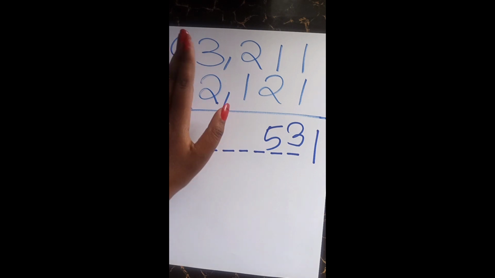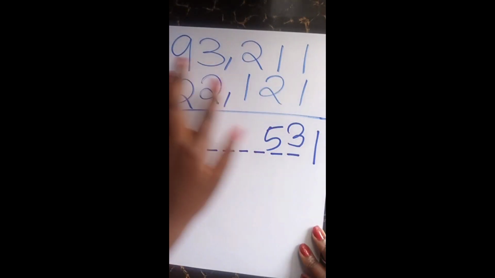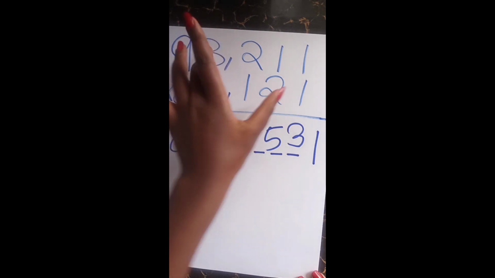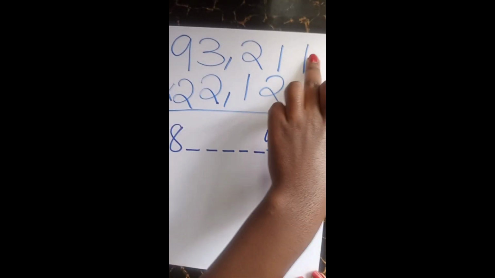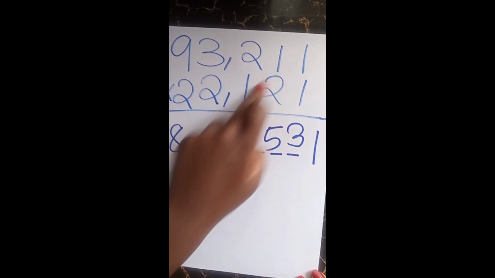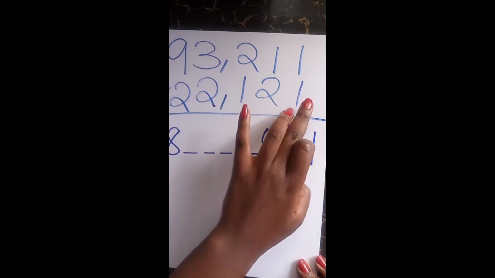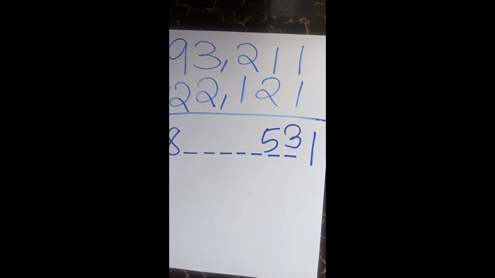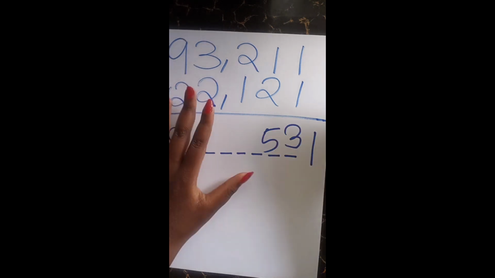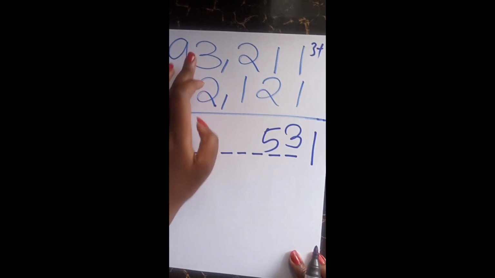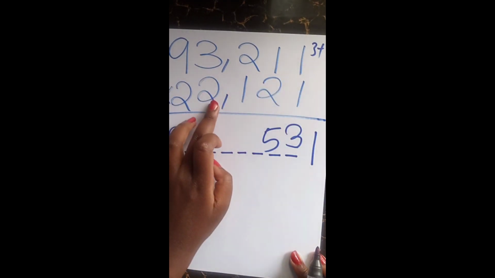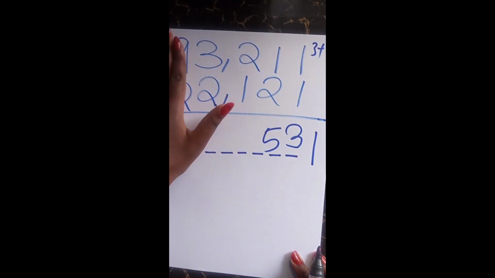Let's now deal with these 4 digits. When we're dealing with 4 digits, we'll multiply this with this with this, and these 2 will cross multiply like that. Okay, so 3 times 1 is 3, plus 1 times 2 is 2. We are assuming this part is not here.